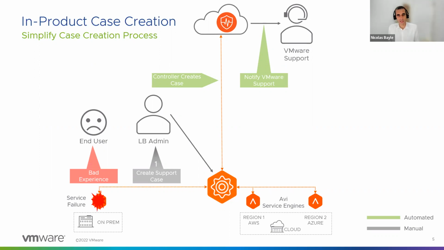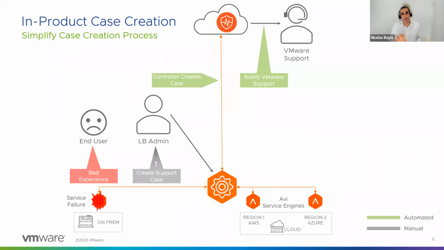He knows that the service engine failed at this time. He knows that the service engine is inside NSX or Azure or GCP. And he knows his own version of software that he is running. So the idea is automatically, he will gather all the information that my colleagues in the VMware support team need to help you. So first, this is how we can help you by using this central location here, which is the AVI controller.